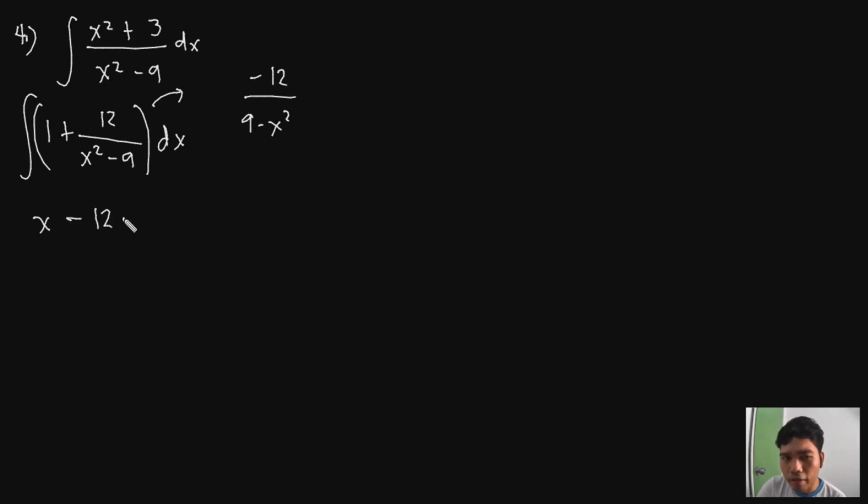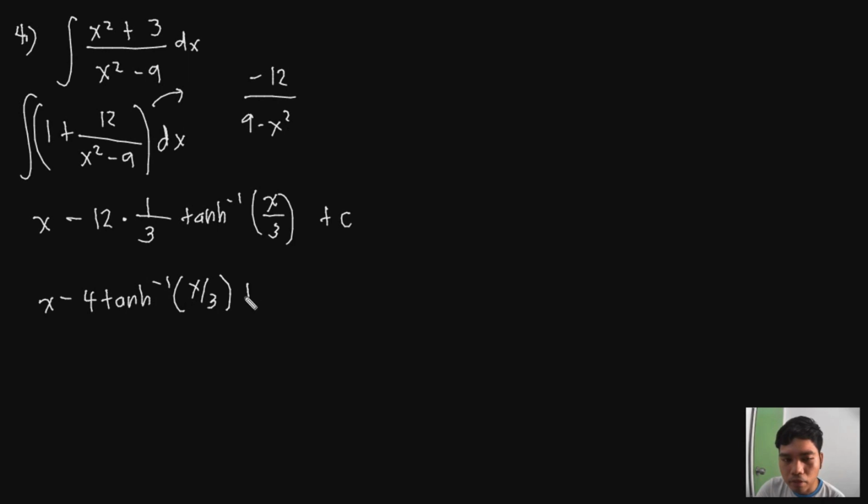Minus 12, and then we have, diba sabi natin, that's 1 over a, so that is 1 over the square root of 9, that is 3, okay? And then the inverse hyperbolic tangent of x over a, so that is x over 3, and then plus c. So with this, the antiderivative is x minus 4 inverse tangent of x over 3 plus c.